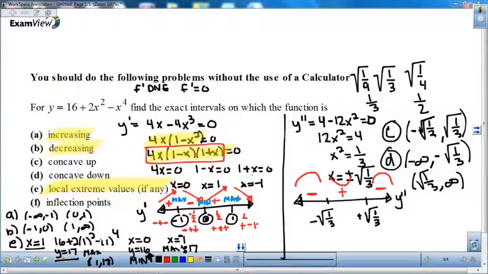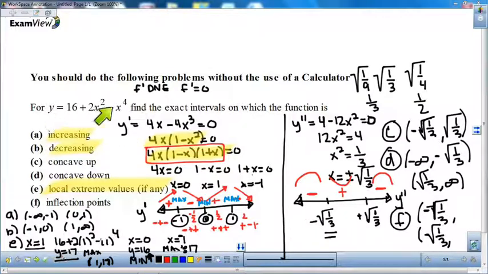And then what are your points of inflection? Well, I'm going to have 2 points of inflection. They're going to occur at plus and minus the square root of 1/3. And we substitute that into the original equation to get the y value.